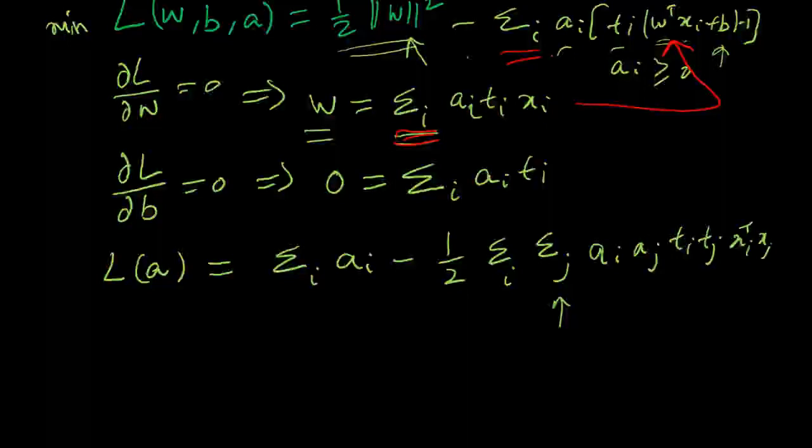Okay. And if we want to compute the output, for any particular input x, it's going to be the sum over all i of ai ti x transpose xi, plus b.